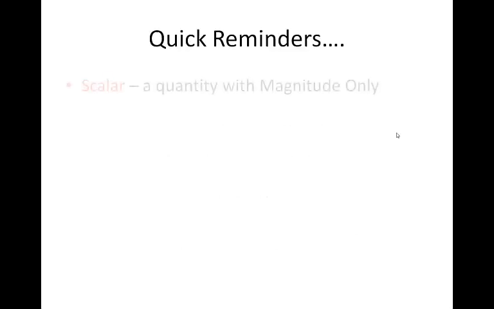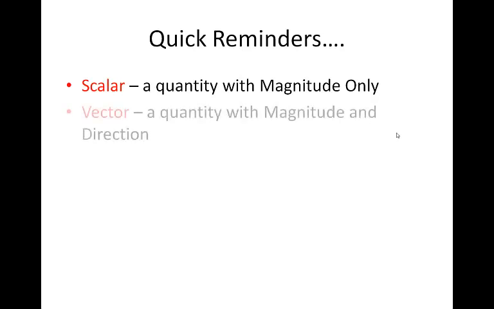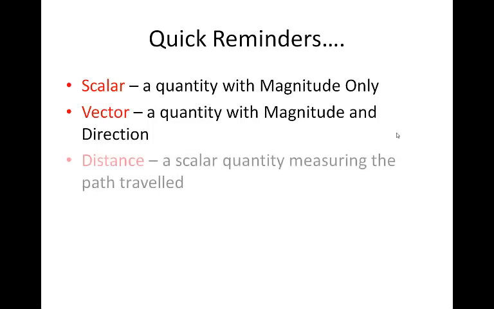All right, as a quick reminder, a scalar is a quantity with magnitude only. That means it has some amount and some unit. A vector means it has magnitude and direction, which means you're going to have a number, a unit, and some kind of a direction, whether that's a simple plus minus or an up, down, east, west, anything like that.